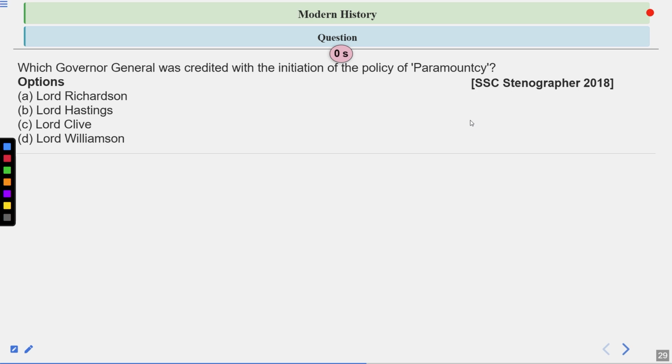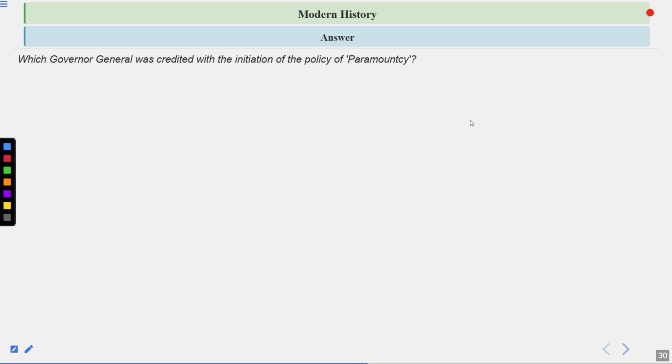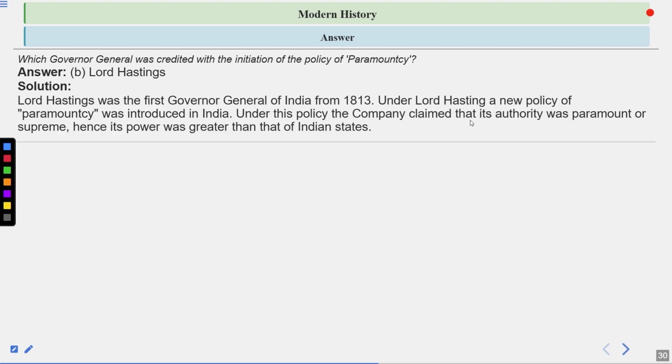Time's up. The correct answer is B, Lord Hastings. Solution. Lord Hastings was the first Governor General of India from 1813.